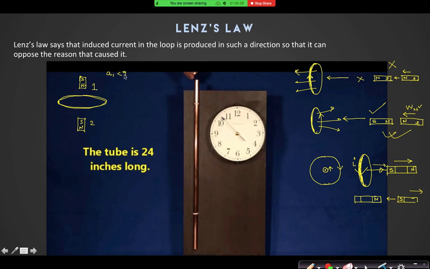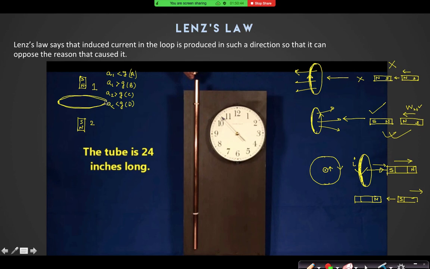Is it less than g? Greater than g? Acceleration of A2 greater than g? Less than g? Which one is correct out of options A, B, C, D?